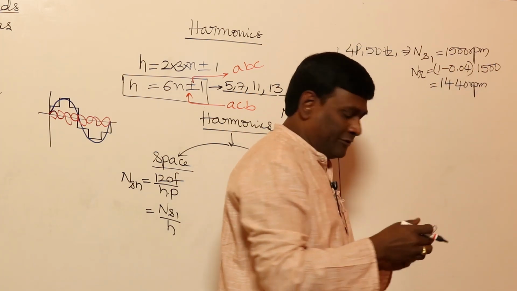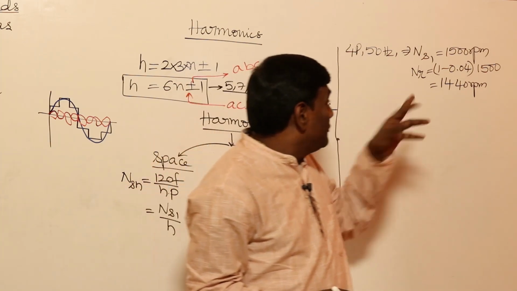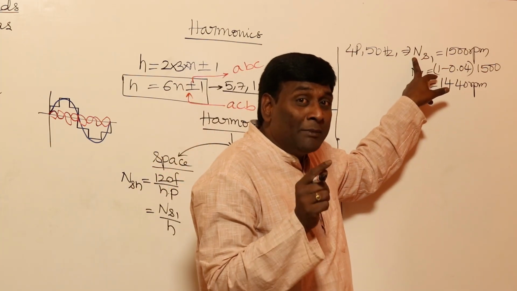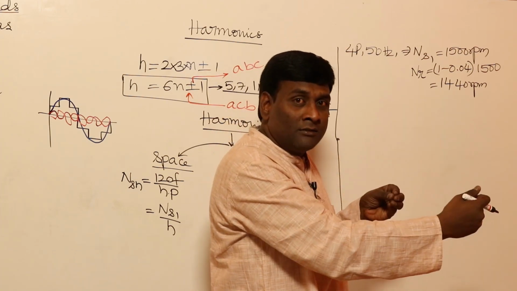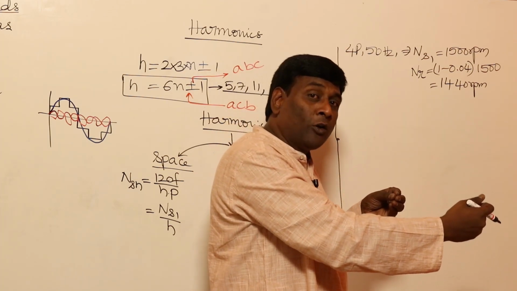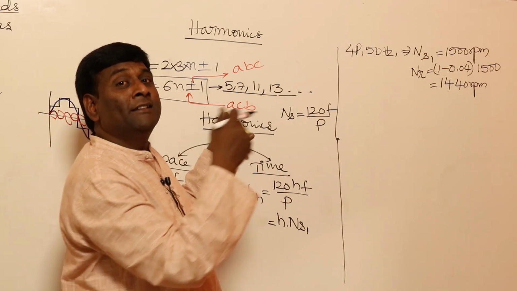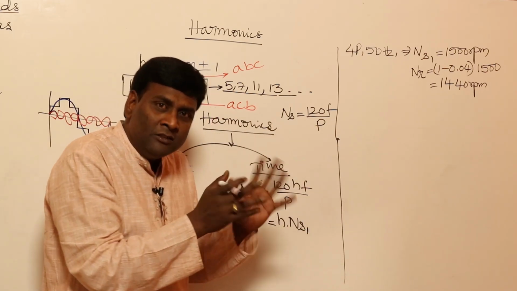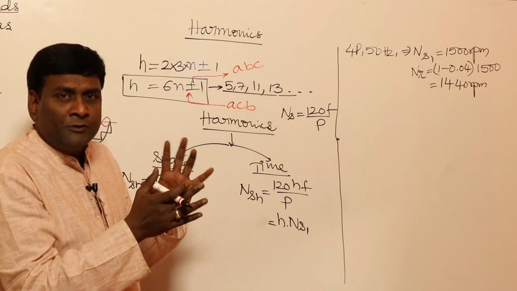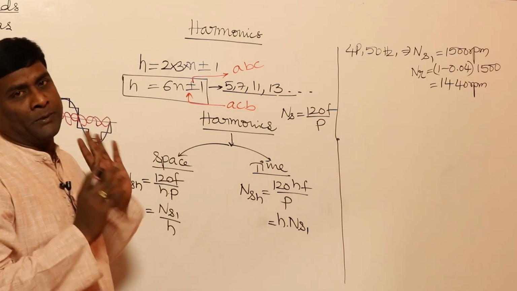Now just observe the difference. For example, if the fundamental MMF created by the stator is rotating in one direction, maybe the 5th harmonic component may rotate in the opposite direction, and the 7th harmonic component may rotate in the same direction. The speed of the RMF will be decided by whether it is time or space.